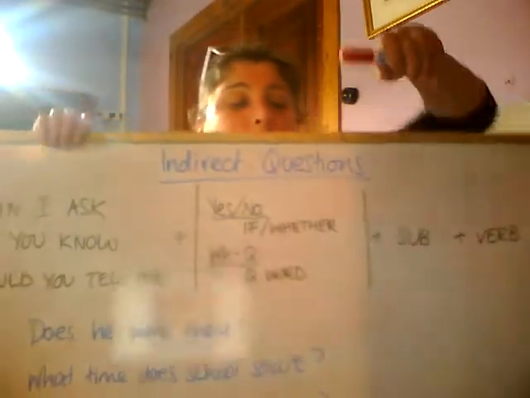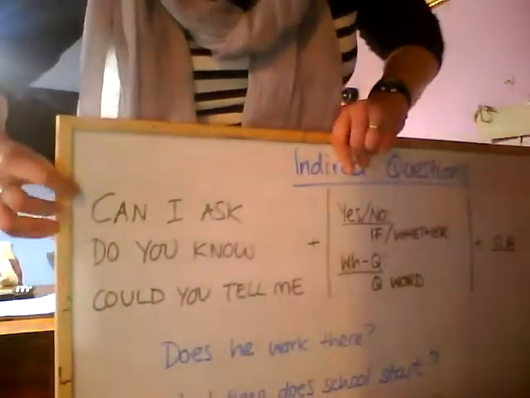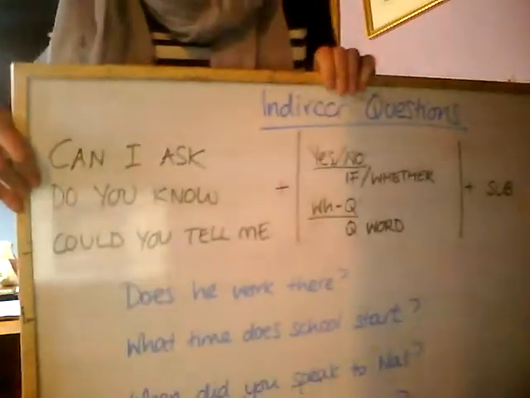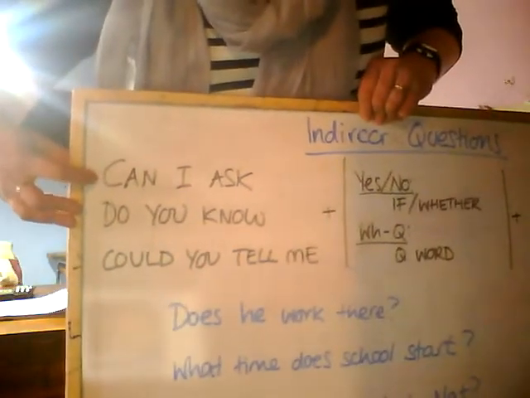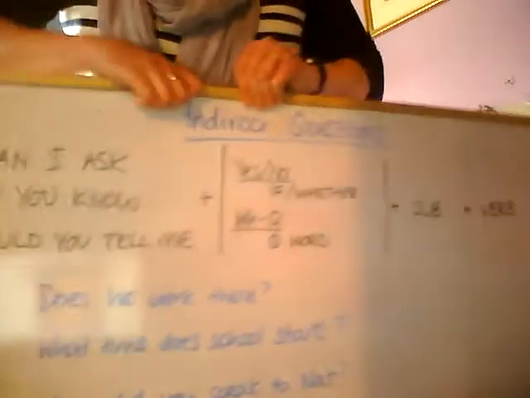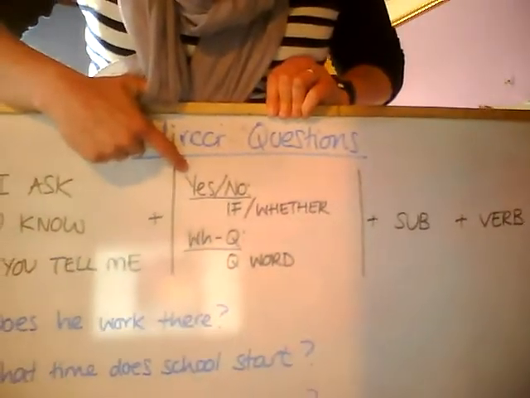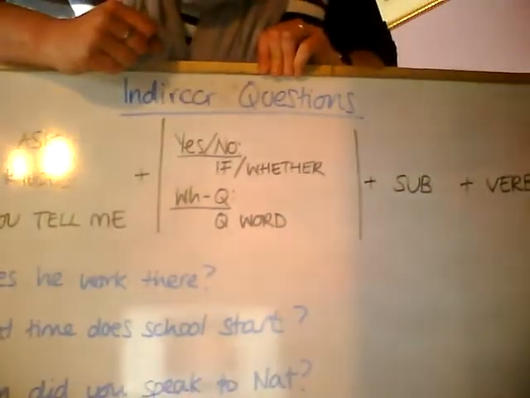To make indirect questions, we start with an expression to introduce the question. So we use either can I ask, do you know, or could you tell me? Then, if it is a yes or no question, we use if or whether.